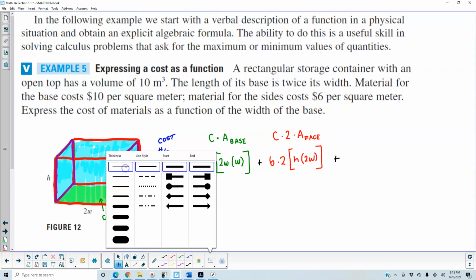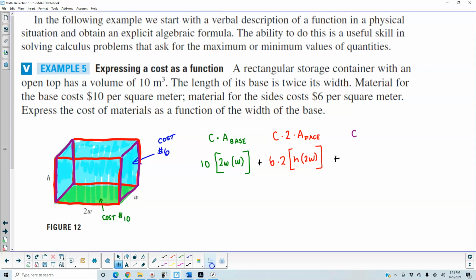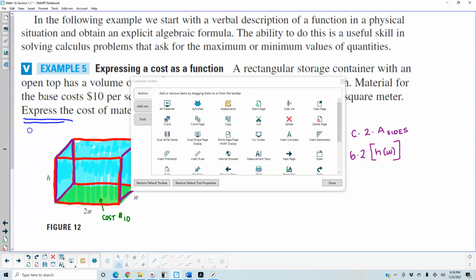So it's going to be the cost times 2 times the area of the sides. This is going to be 6 times 2, and the area of the sides is h times w, since we have two of them. Now this entire equation is going to express the cost of the materials.